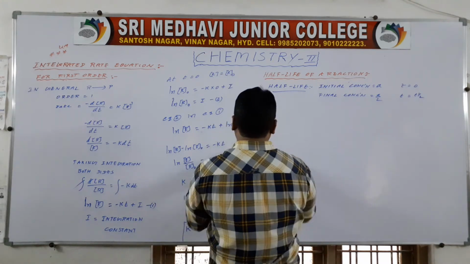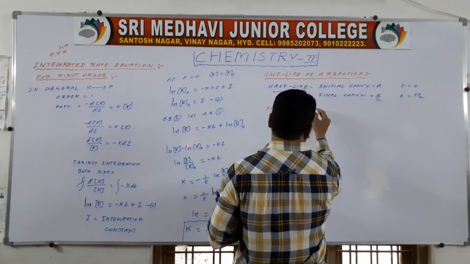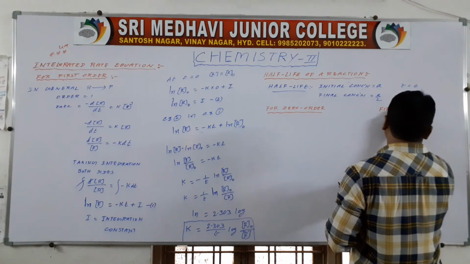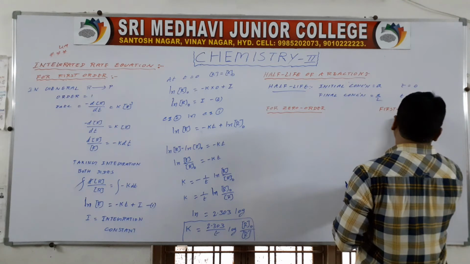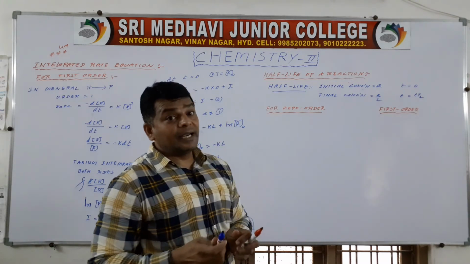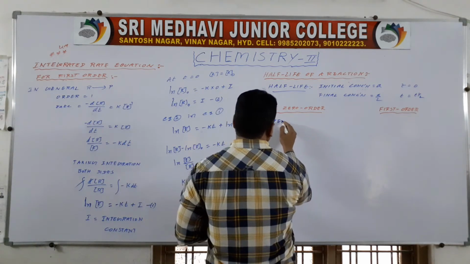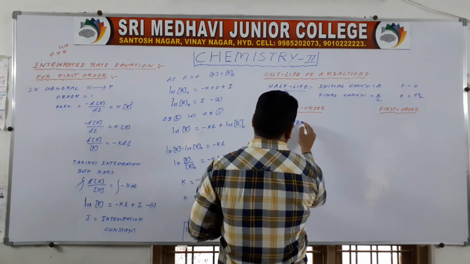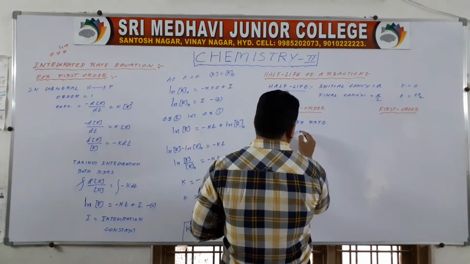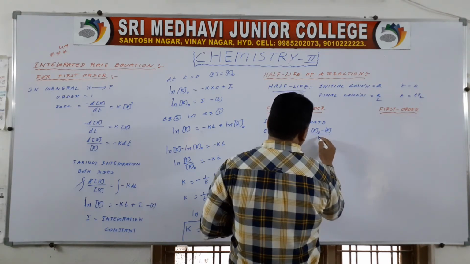First, the integrated rate equation for 0 order: k equal to R concentration naught minus R concentration by t.